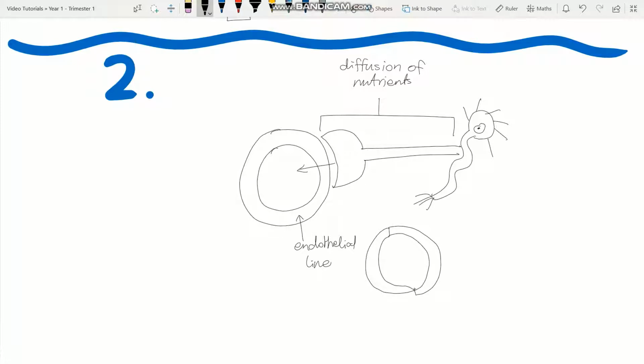In this case, an astrocyte would allow for the formation of tight junctions between the cells. This ensures the formation of a very important structure called the blood-brain barrier. Abbreviated to BBB.